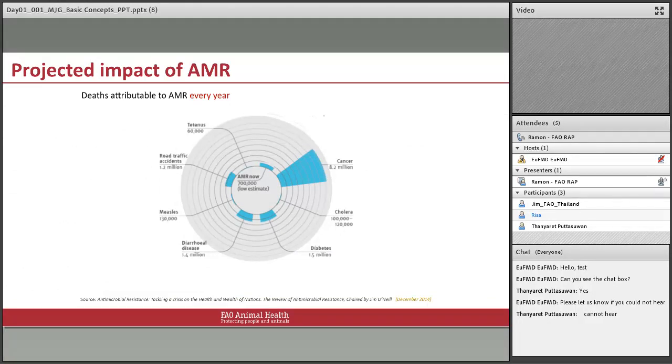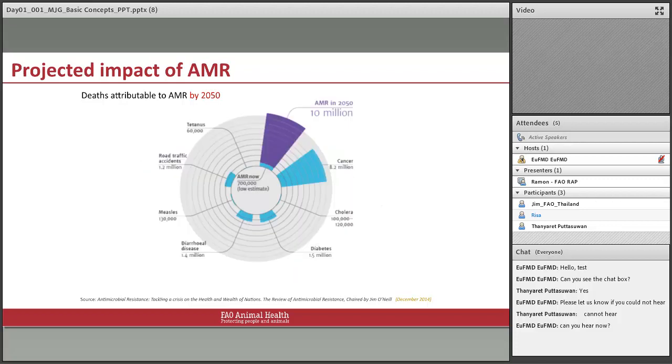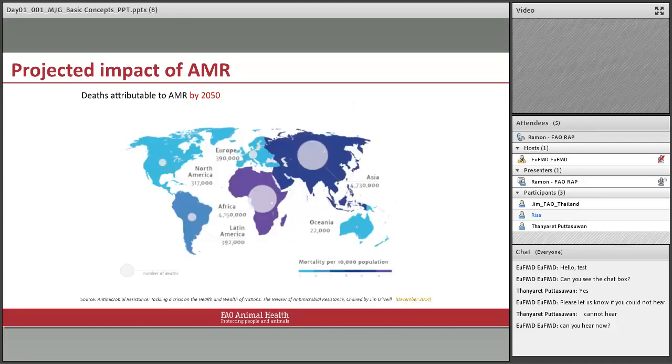So just to emphasize the impact of projected AMR, by 2050 you will be veterinarians, and it is foreseen that antimicrobial resistance will be a major problem. It is projected at about 10 million deaths by 2050 if we don't do anything now.